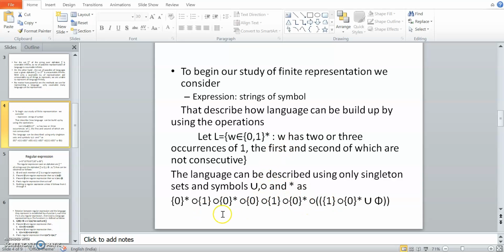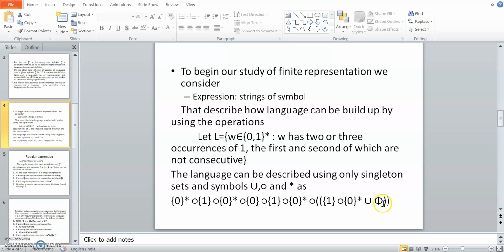We are only talking about the first two. The first and second are not consecutive, so they are preceded, or this is how it is written. And the third one, if it occurs, is concatenated with 1, again concatenated with any number of zeros.